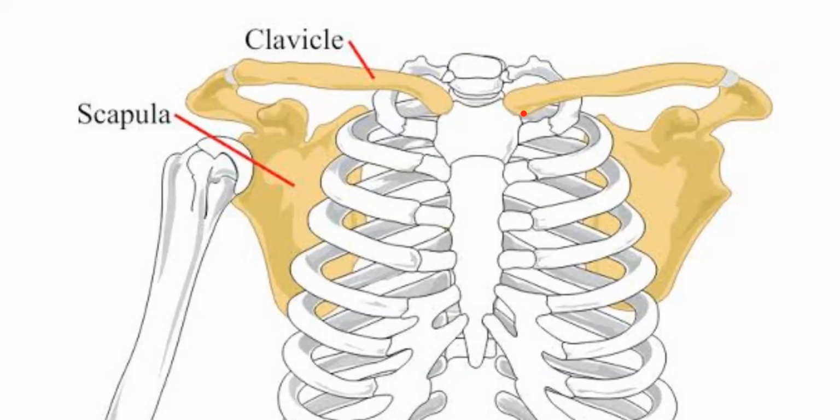Can you make out? On its outer position, clavicle articulates with what?